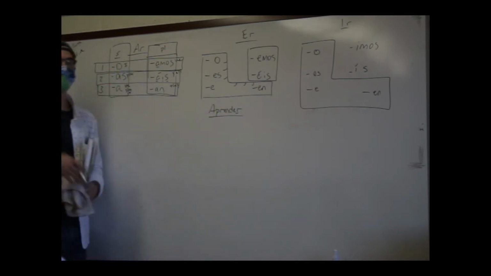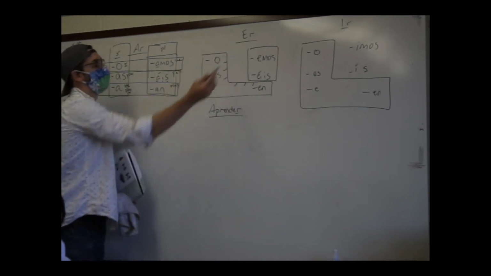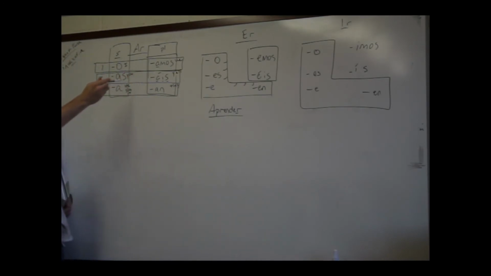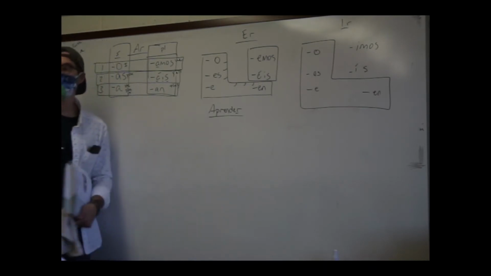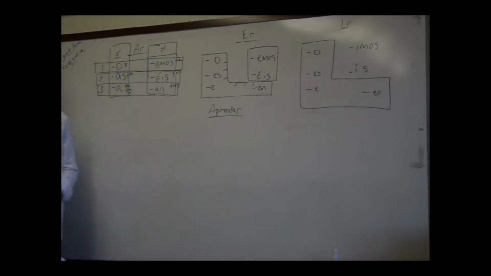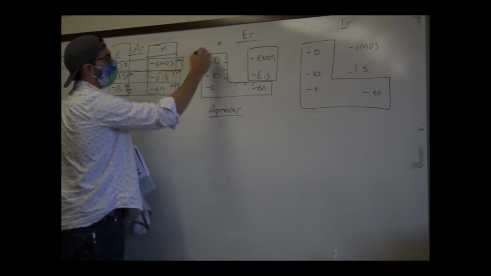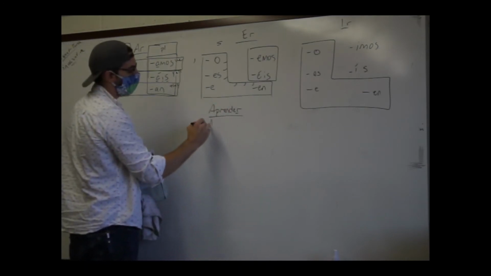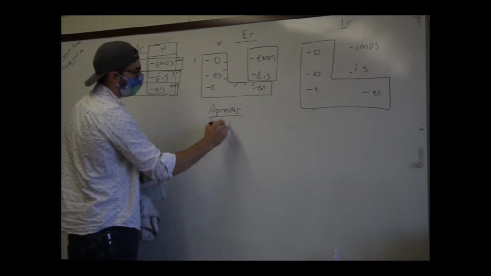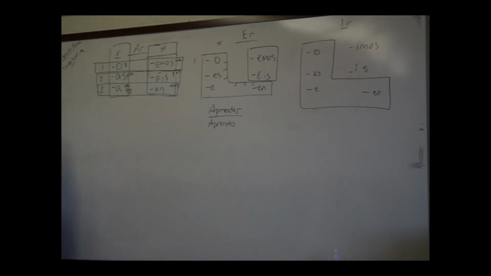So then the endings for the conjugations when we give it a subject are going to use these endings and not these endings. Okay? Or those endings. So if we want to say, I'm doing the action, then we take the first person singular, right here, O, and you replace the ER. So, aprendo means I learn.